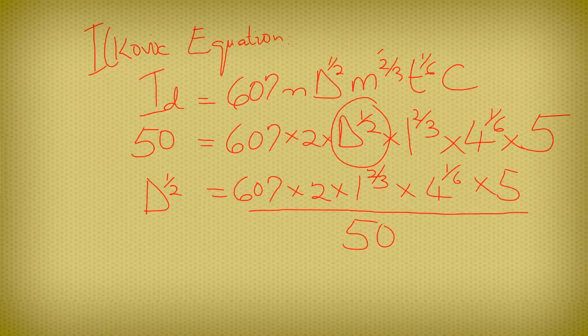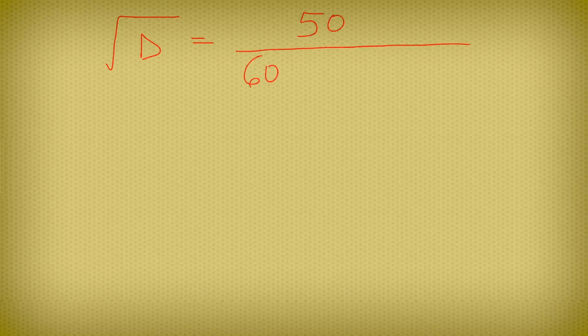But diffusion current is not D to the power half. So if we are going to convert this to D, square root of D is equal to 50 over 607 times 2, which is N, times M, which is 1, 2 over 3, times T, which is 4, 1 over 6, times concentration, which is 5.